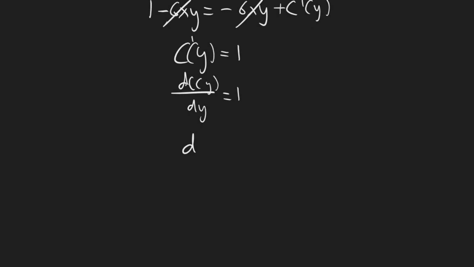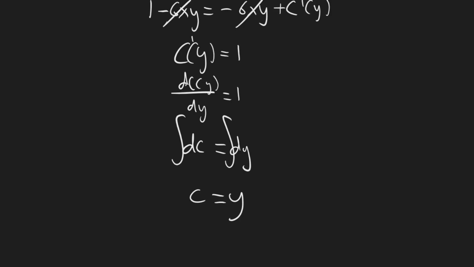So dc, I'll just remove the of y because we know it's a function of y, equals dy. And so simply we integrate both sides. So c equals the integral of dy, which is just y. So we have found that c actually did just equal y. And so there is a constant of integration here, but we're going to account for that in our final answer.